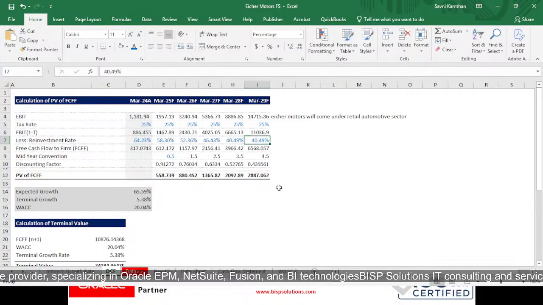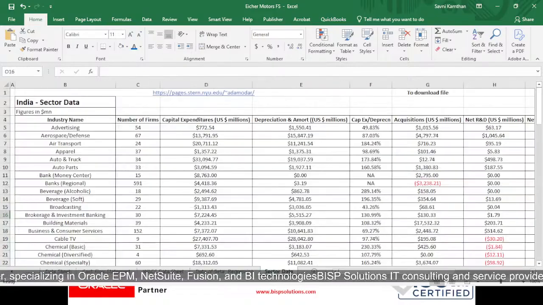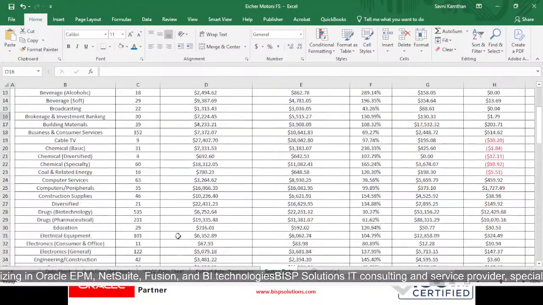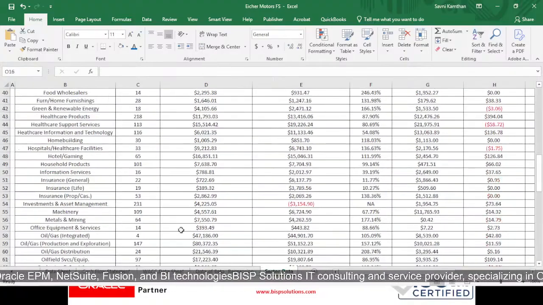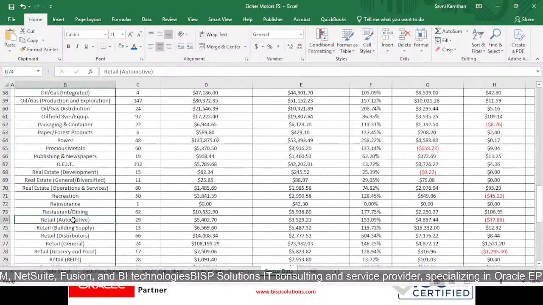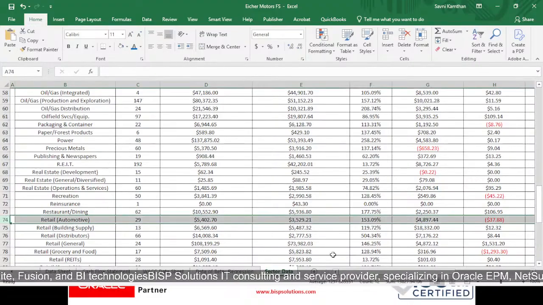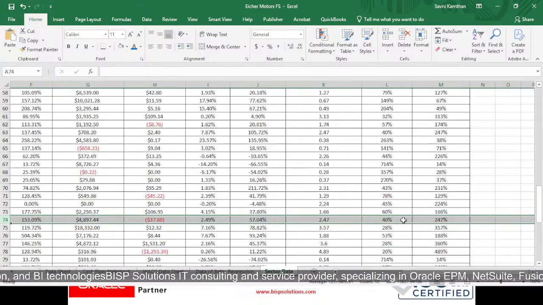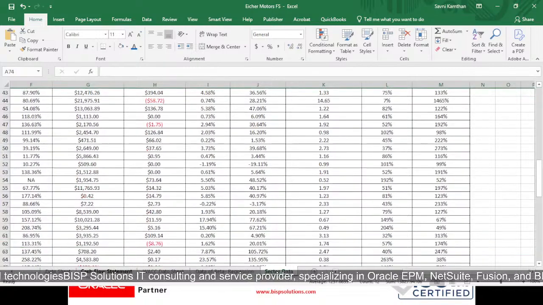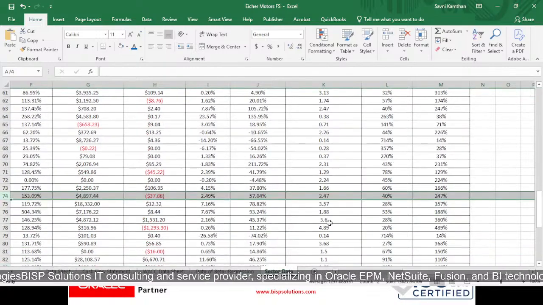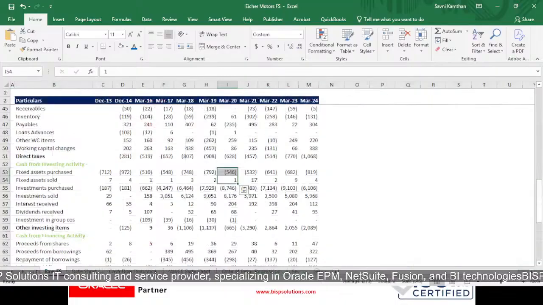And in my sectorial data, I have taken Ashok Motors, so it will be coming in retail automotive, so it is giving me reinvestment rate of 40%, or we can say 40% only.